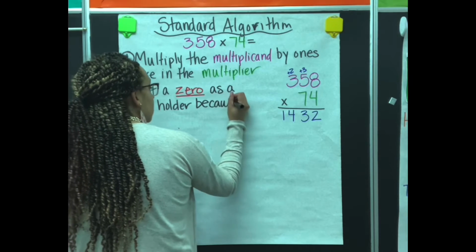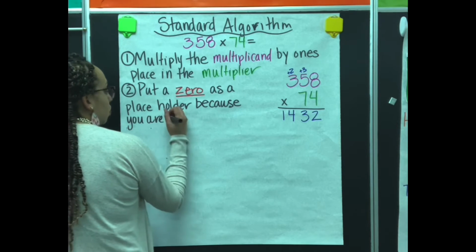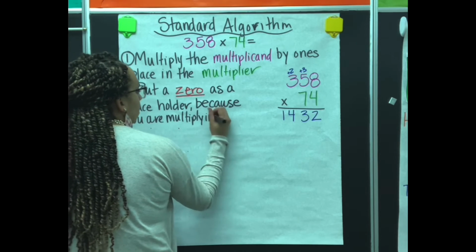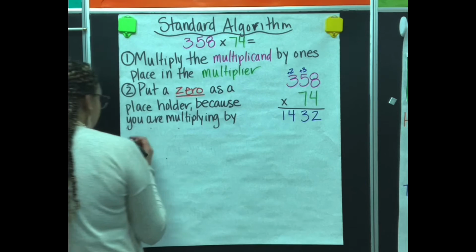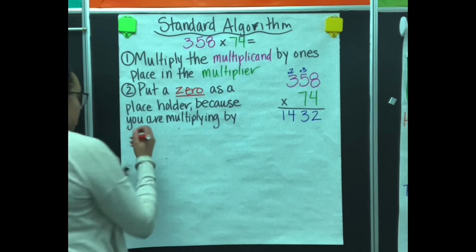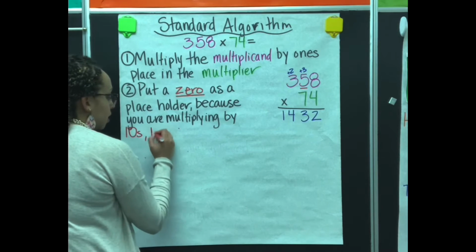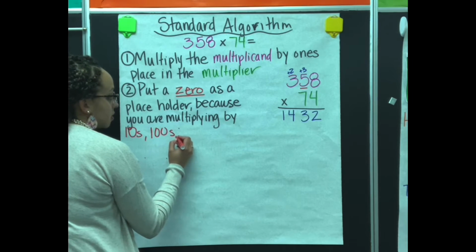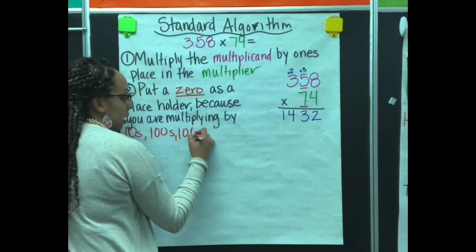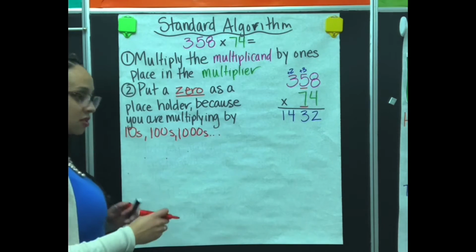Because you are multiplying by the tens place, or possibly the hundreds place. Oh, sorry, no, this is tens place. If we had 3-digit, the hundreds place, or possibly the thousands place, okay, and so on. So that's the reason why we put a placeholder.